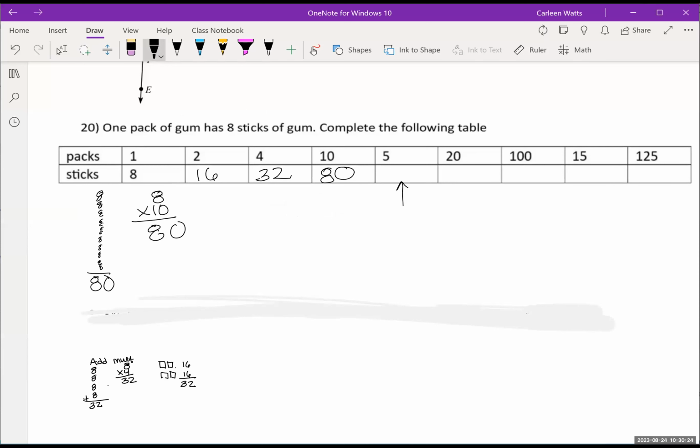How about 5? How many sticks of gum in 5 packs? That's okay. You know what? As we practice these, you're going to start to get a little better. We could add, right?